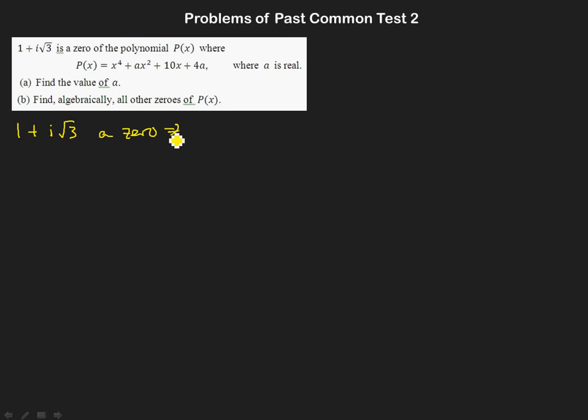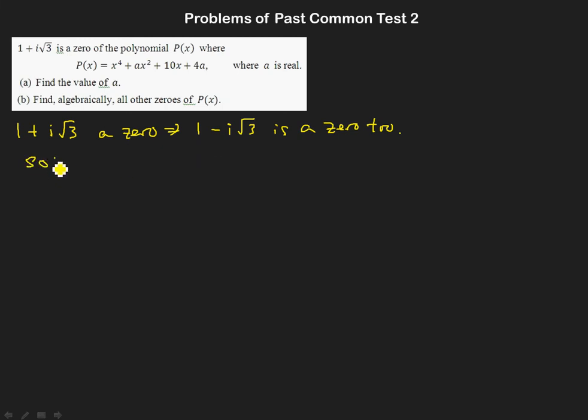So that means its conjugate, 1 minus i square root of 3, is a 0 too. Okay, so what we're going to do is use these two zeros to form a quadratic factor, and then work our way through the problem.